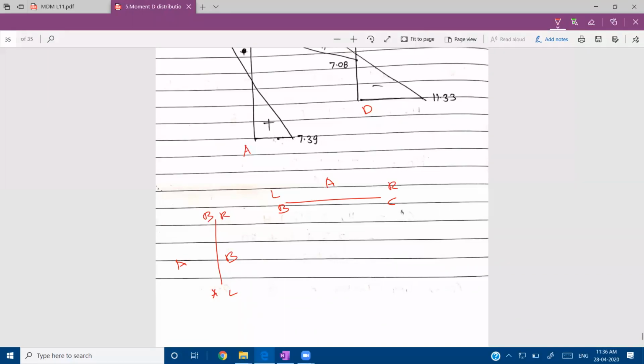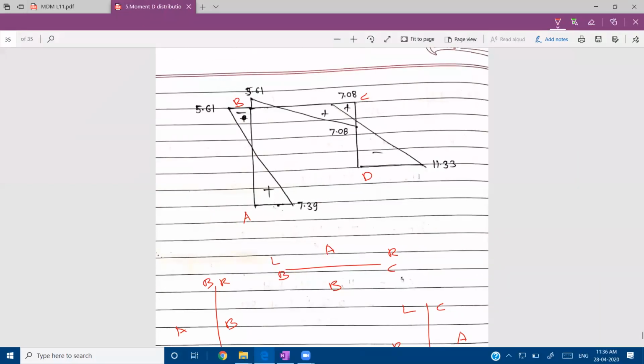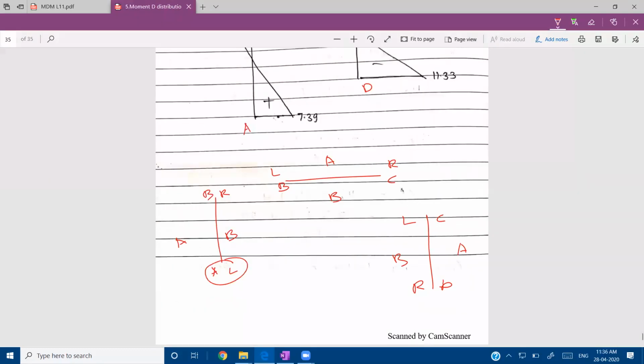And in case of CD, C will be the left support, D will be the right support. Remember, only if your portal frame is starting from the left-hand side, for that first column only the bottom support will be left and the top support will be right. For all other columns, the top support will be left and the bottom support will be right.